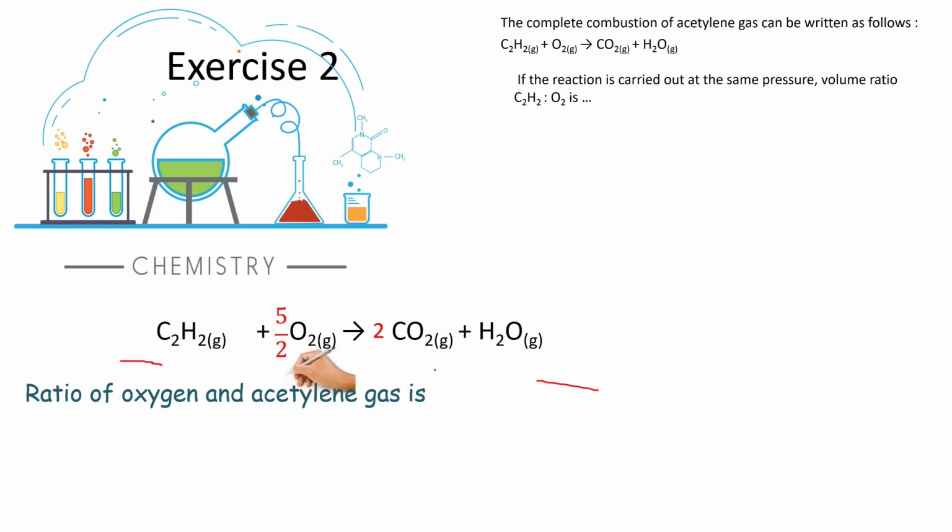The ratio of oxygen and acetylene gas is shown by the coefficients of the substances in the reaction, which is 1 to 5/2, or we can make it simpler as 2 compared to 5.